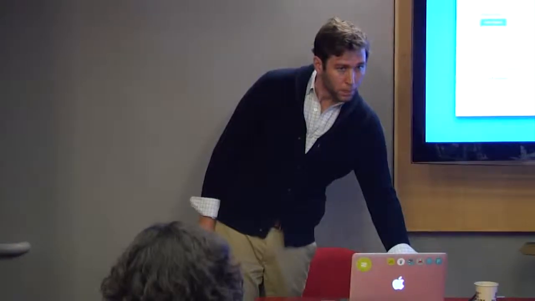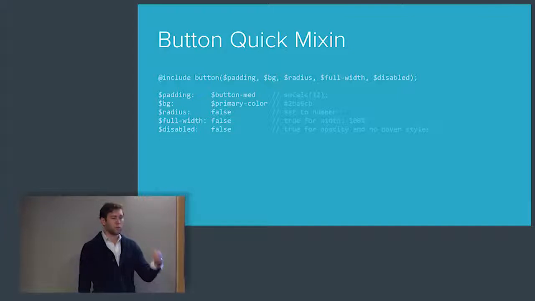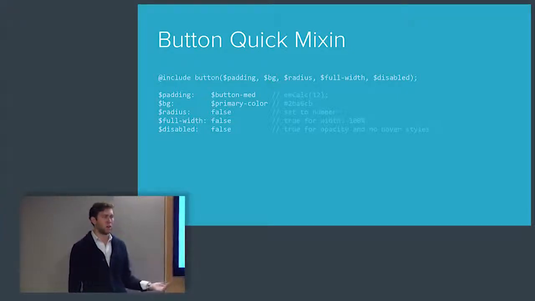Now, would you still have to include the small class, large class, expanded class, or is there a mixin? So what you do for that is in the padding. If you want it to be small, you would include the variable for, like, button tiny, for example, and that would make the padding really tiny, and that would resize the font really tiny as well. So it does it on the fly.